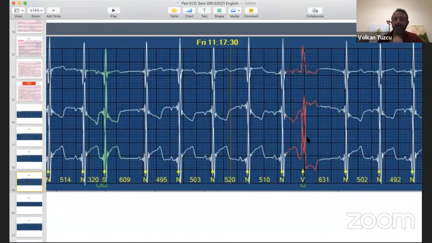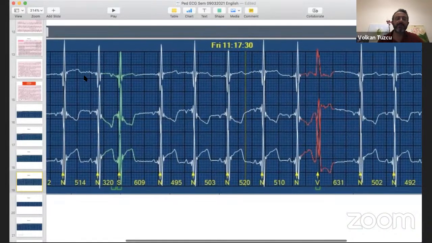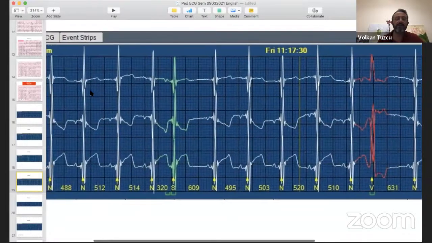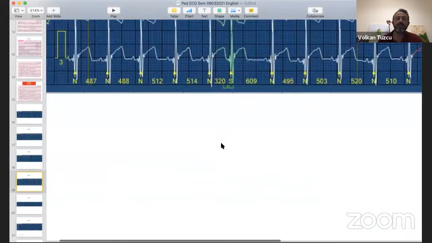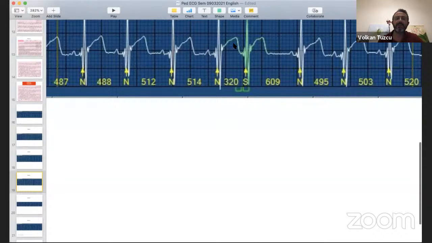Okay. For the sake of time, I guess you agree this is a PAC, right? Why? Always, when you see an early beat, look at the area before this QRS and look at all leads that are available. If you just look at this one, how do you say there's a P wave? I cannot. I've been doing this more than 20 years.